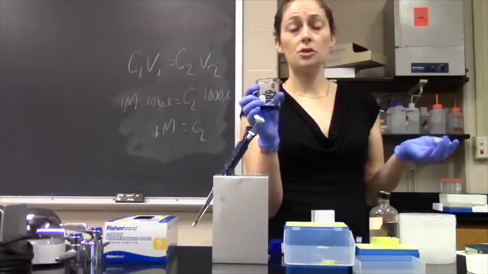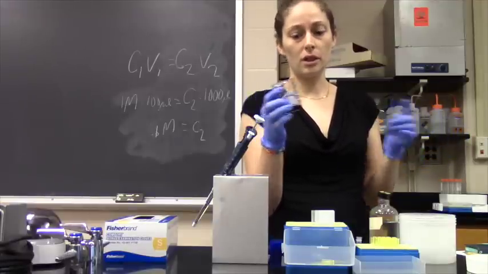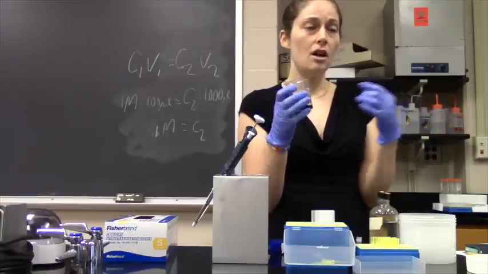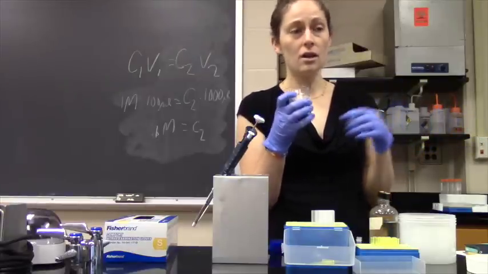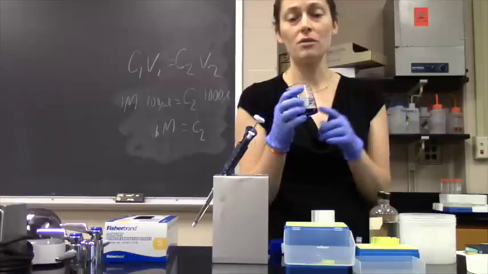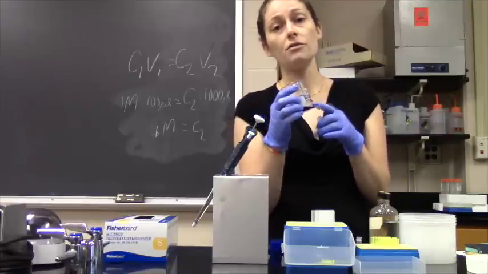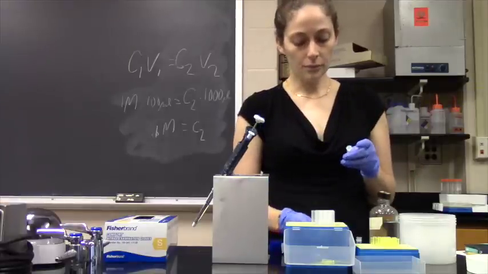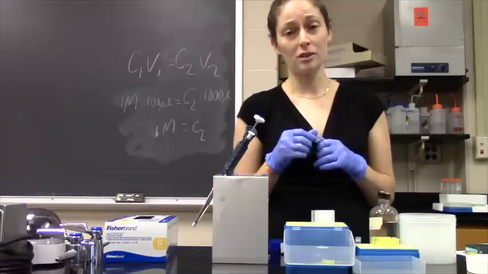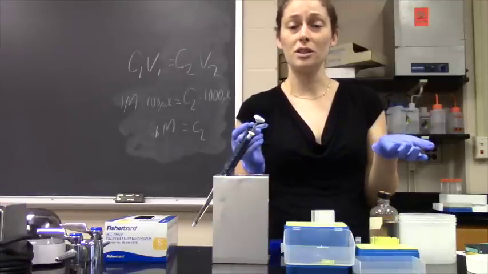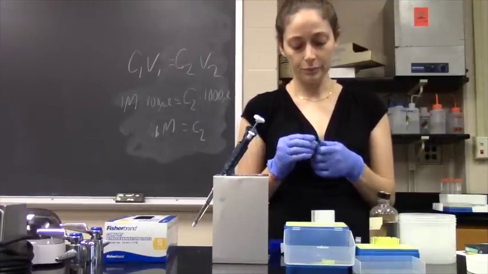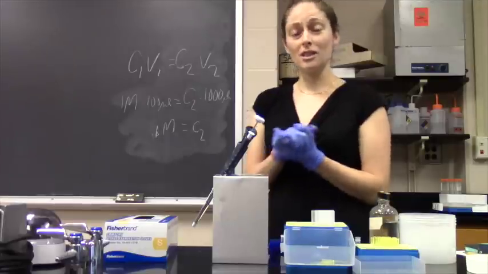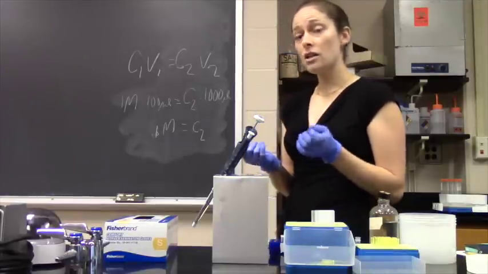Well, when you make up a solution of salt, you buy something from a company, it's going to come as one concentration, usually a pretty high concentration, so that no matter what assay you're doing, no matter what experiment you need, what volume, what concentration, you can start from this and dilute it down to what you actually need to end up with. So it's very common whenever you're doing experiments that you have to take something and dilute it down to the appropriate concentration. So that's why it's so important for you guys to know how to do your dilutions and to do those calculations.